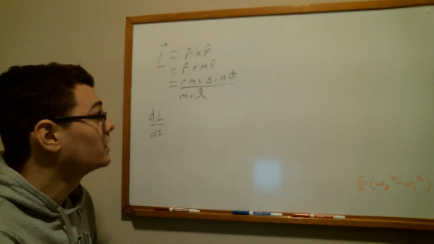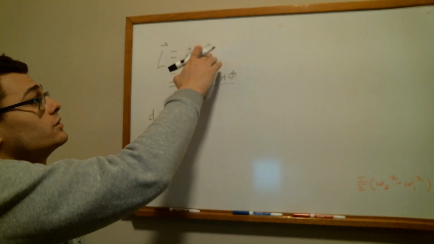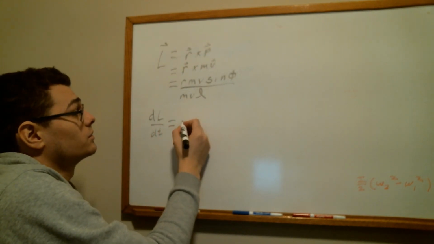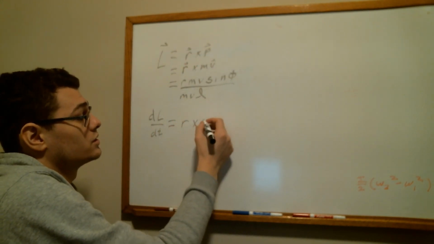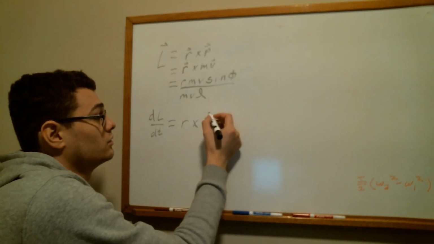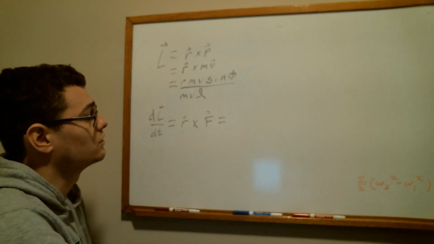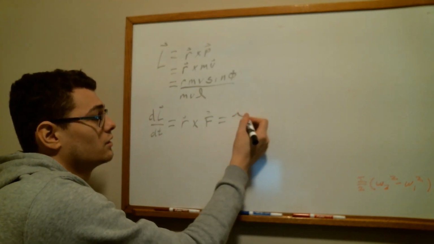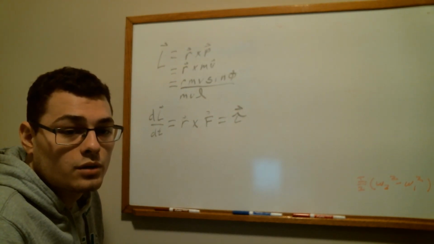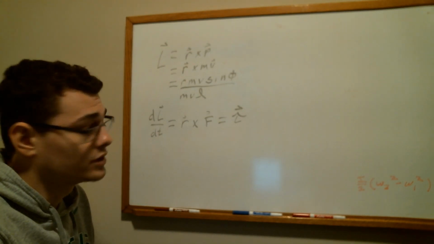If you take the time derivative of this side of the equation, you're just going to end up getting R cross F, which we know is our equation for torque. So now we know that the time derivative of our angular momentum gives us torque.